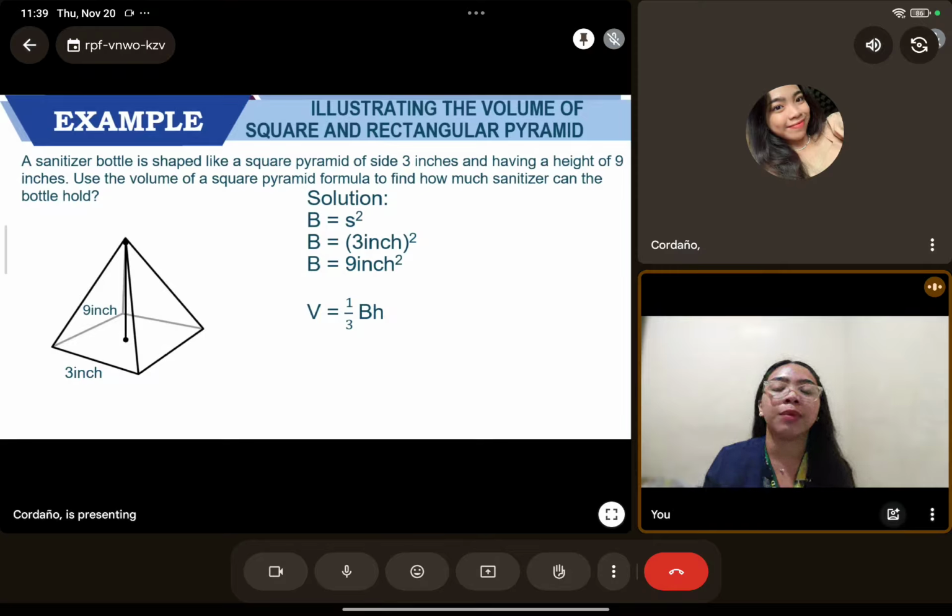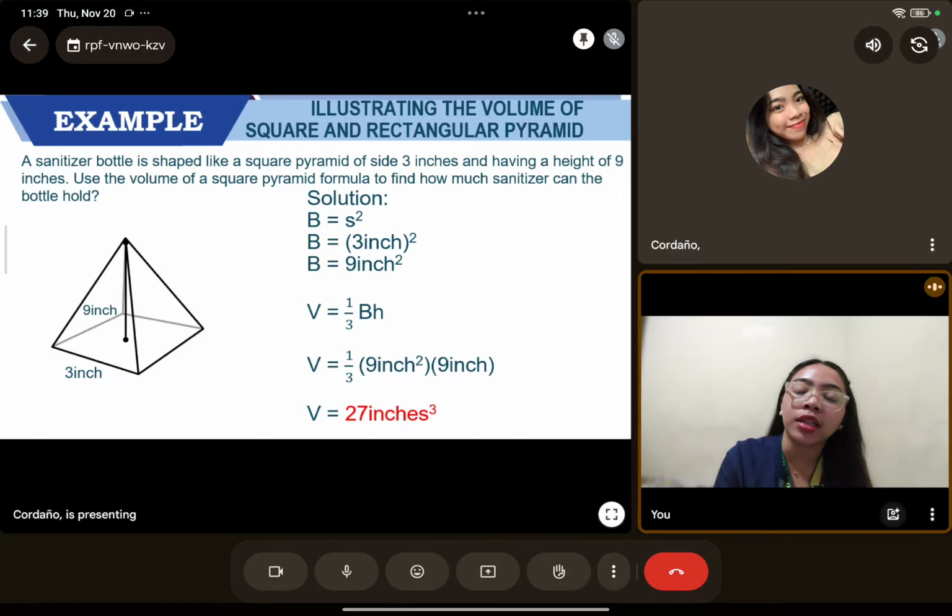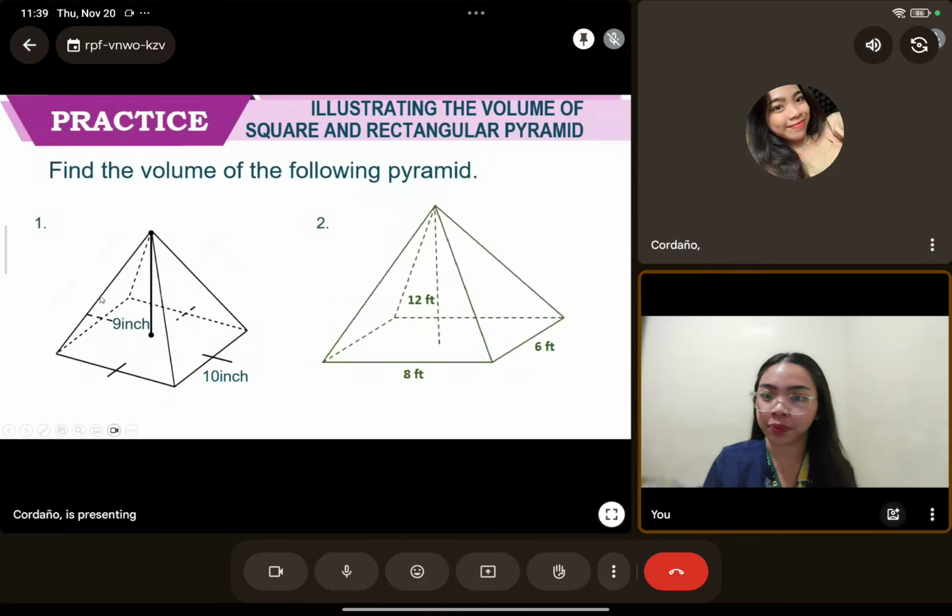Okay, again, lilipat na ulit natin siya dun sa formula. 1/3 times the 9 inches squared times the height, which is given dito sa picture na 9 inches. So, 9 times 9 is 81. Didivide natin siya sa 3. So, 27 inches cube. Okay.